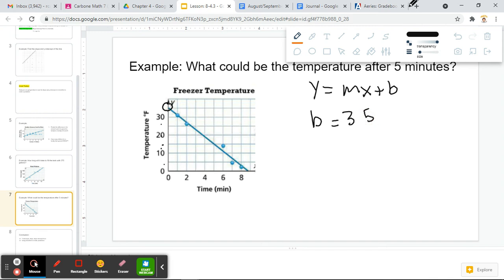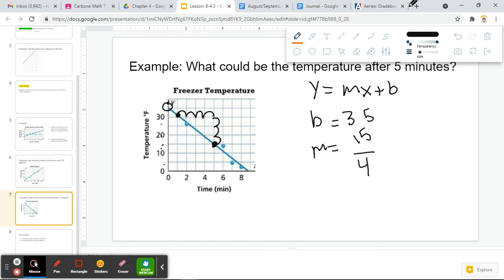Our slope is our rise over our run. Notice here this is a negative slope, right? It's a negative association. So let's draw a point here. We can also draw a point here. And let's calculate our slope, rise over run. We're going to go up 5, 10, 15, so our m is going to be equal to 15 over, and we're going over 1, 2, 3, 4.